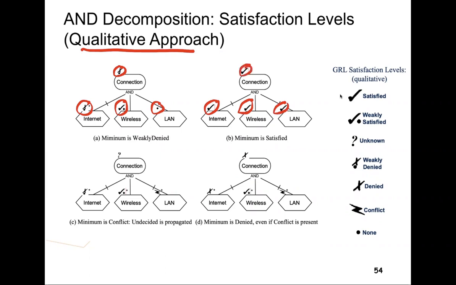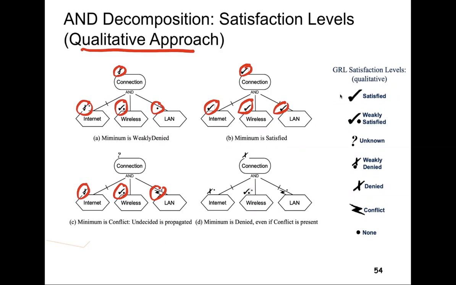If you still have three tasks, where the first one is weakly denied, the second one is weakly satisfied, and the third one is a conflict, the minimum at this point is considered conflict, because undecided is propagated.